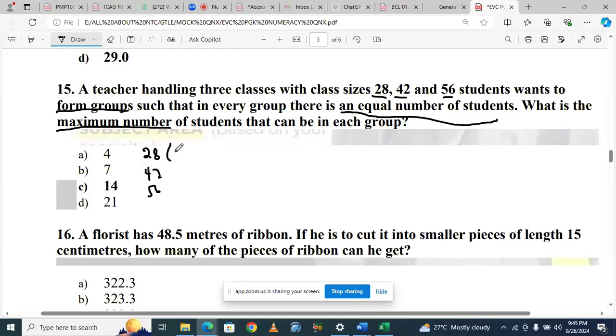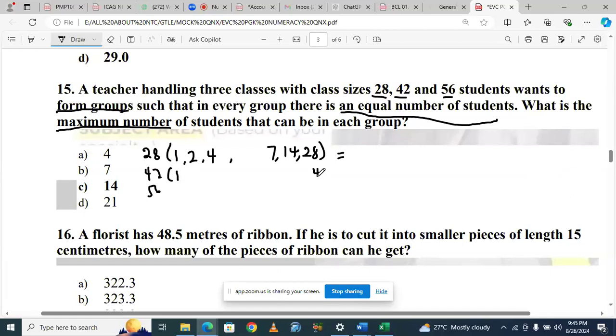Factors of 28, we have 1 and 28. We have 2 and 14. We have 4 and 7. I think that's all, right? Yes. Now, of 42, what are the factors?